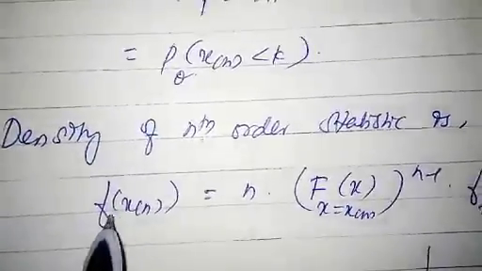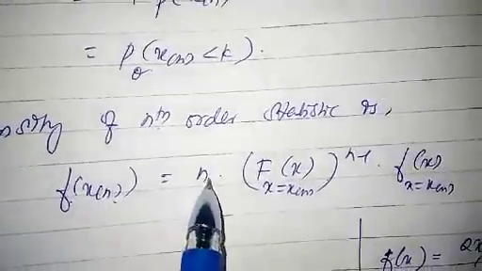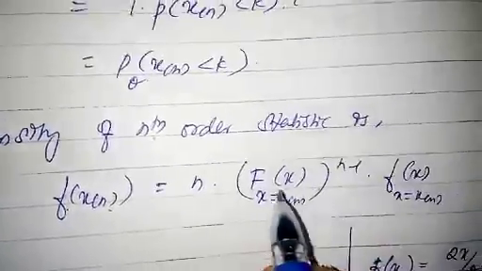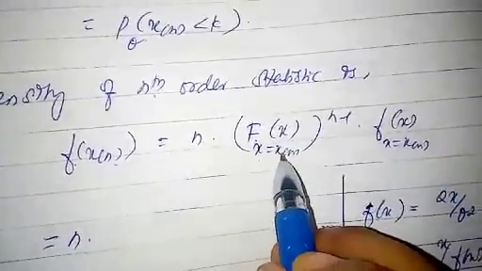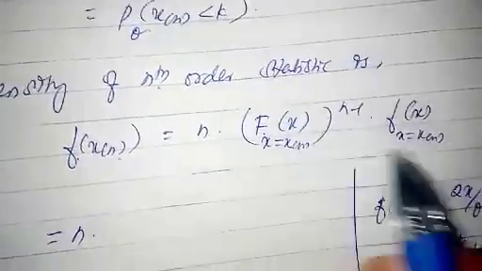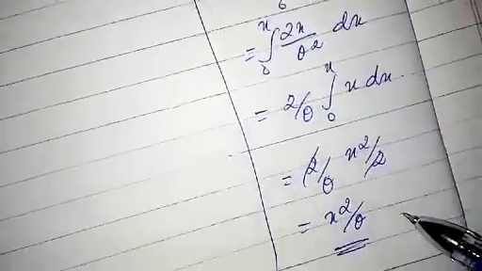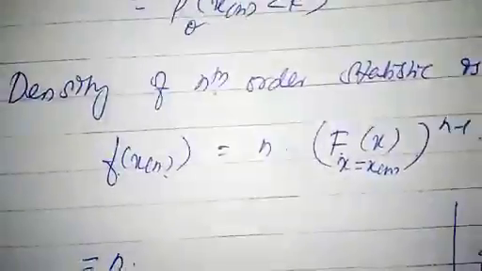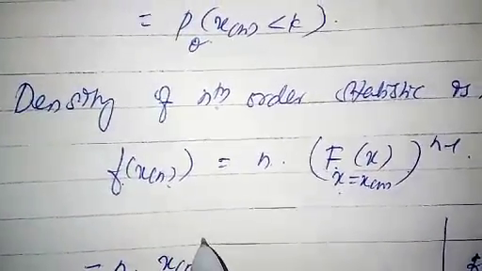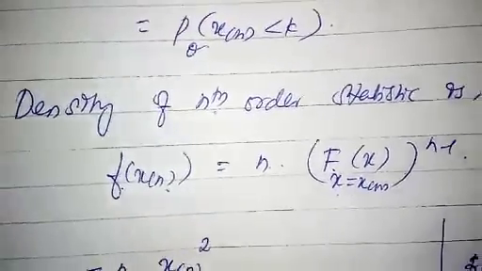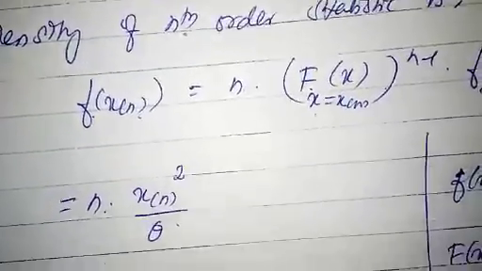So, f of xn equal to n into F of x, where x equal to xn, right? So here we got F of x, that is x square divided by theta square. So here n into xn square divided by theta square, right?